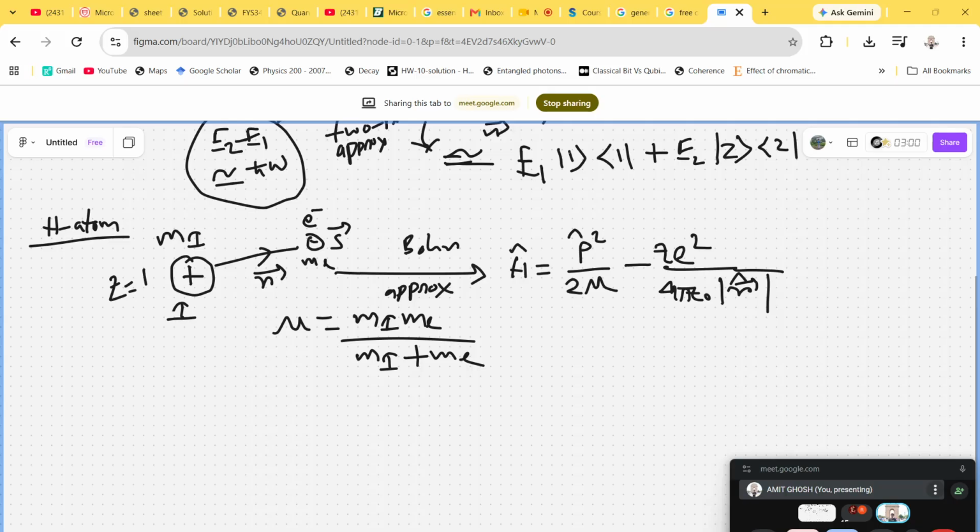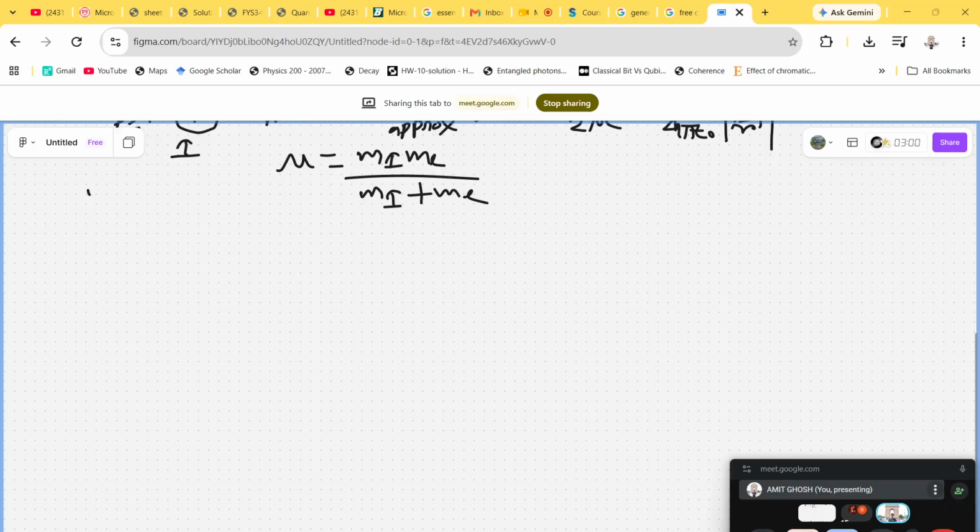Under the Bohr approximation, you can draw this. So this is Bohr only.